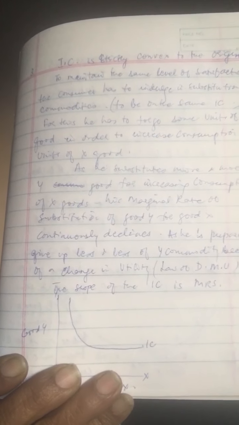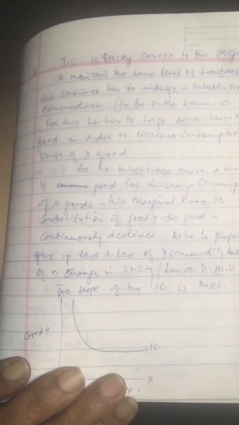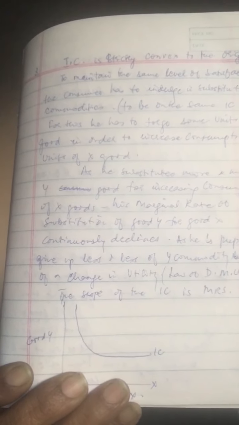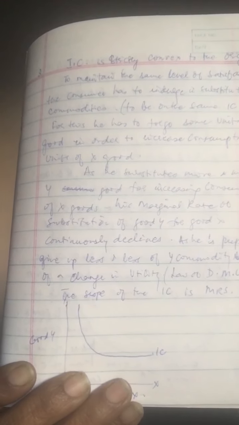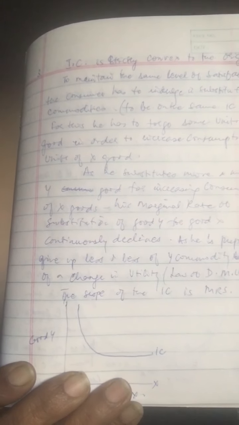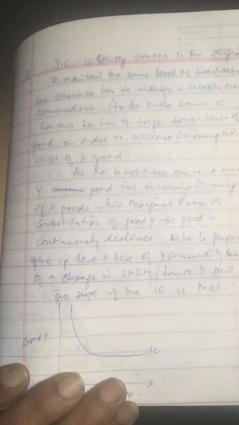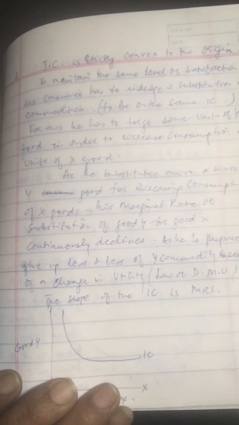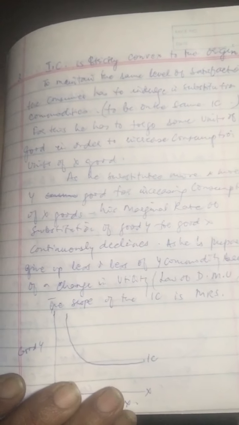Now the question is, why should the marginal rate of substitution decline? Simply because as more and more units of X are consumed, the consumer's intensity of desire for good X tends to go down, which implies that the marginal utility of good X tends to fall. This is in accordance with the law of diminishing marginal utility. On the other hand, as more and more units of good Y are given up, his intensity of desire for good Y tends to rise, implying that the marginal utility of good Y rises with every additional unit sacrificed.